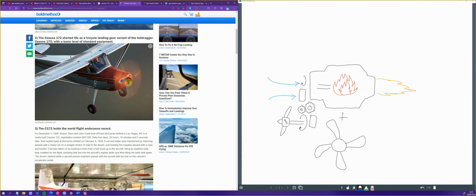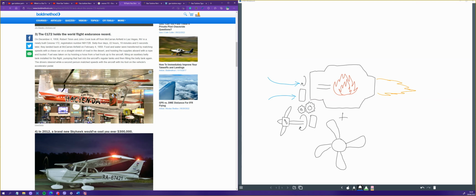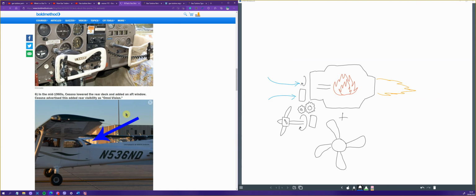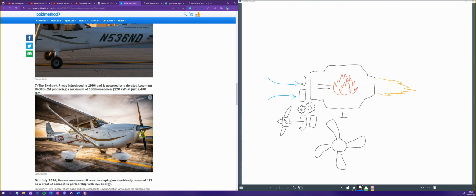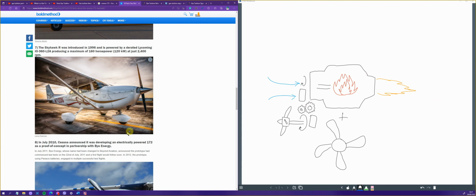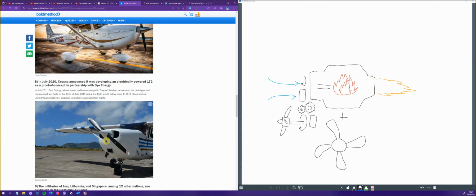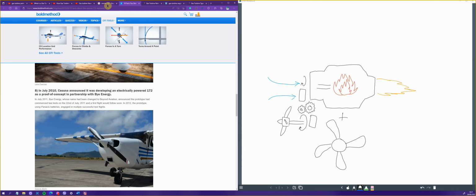So, di ba nakita nyo yung propeller yan? Ayan siya. Yung nasa loob na ito, ang nasa loob niyan is a turbo engine, a turboprop. So, ito makikita mo ito yung tambucho niya.